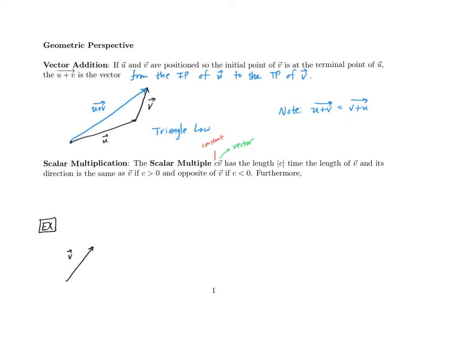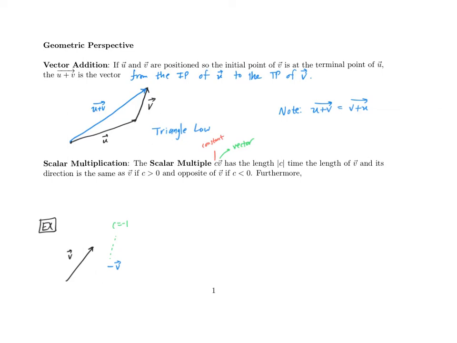But in terms of illustrating this example, let me just note if we have a vector v, and I'm just drawing something somewhat randomly here, what I would like to do is think first, what does minus v look like? Minus v, in this case, we're thinking our c value is -1. So the vector is going to go, because of the minus sign, in the opposite direction. Its length is going to be exactly the absolute value of -1 times the length of v.